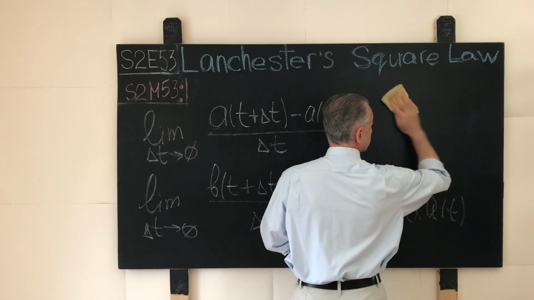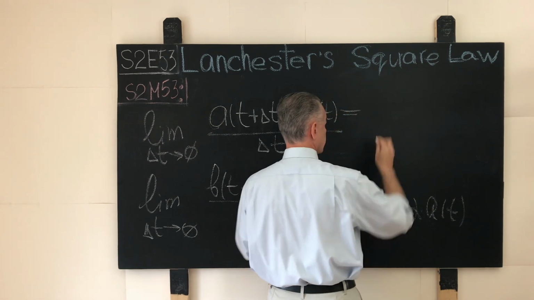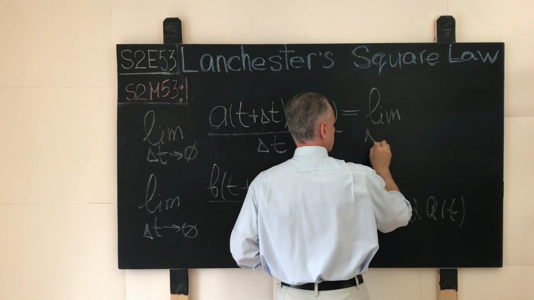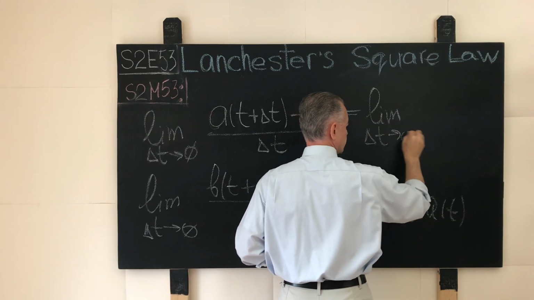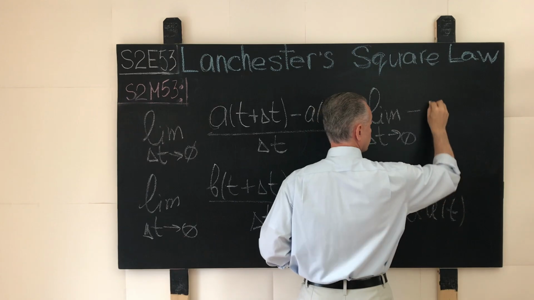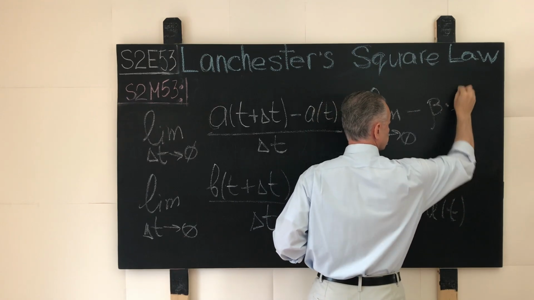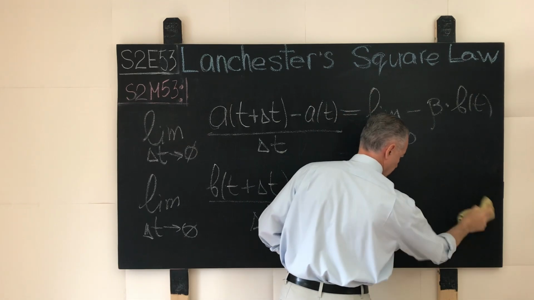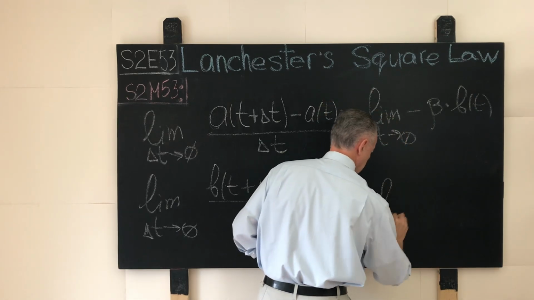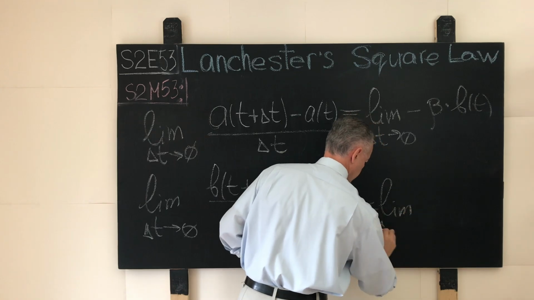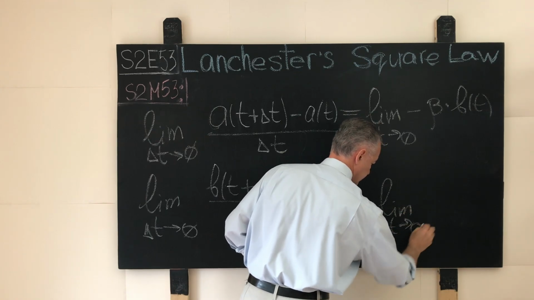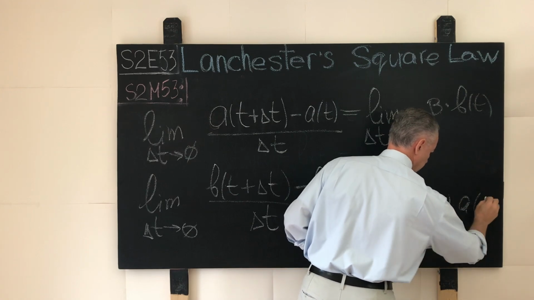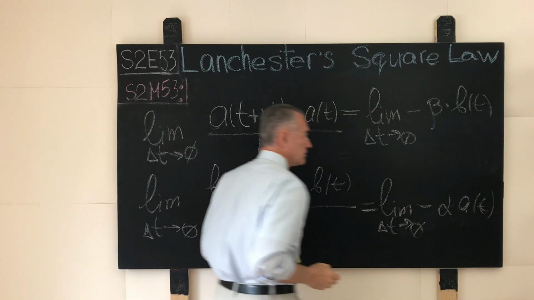Let's be diligent students of mathematics and say what we have to say. Limit when delta t tends to 0 of negative beta times b of t, and the same thing over here, limit when delta t tends to 0 of negative alpha times a of t.